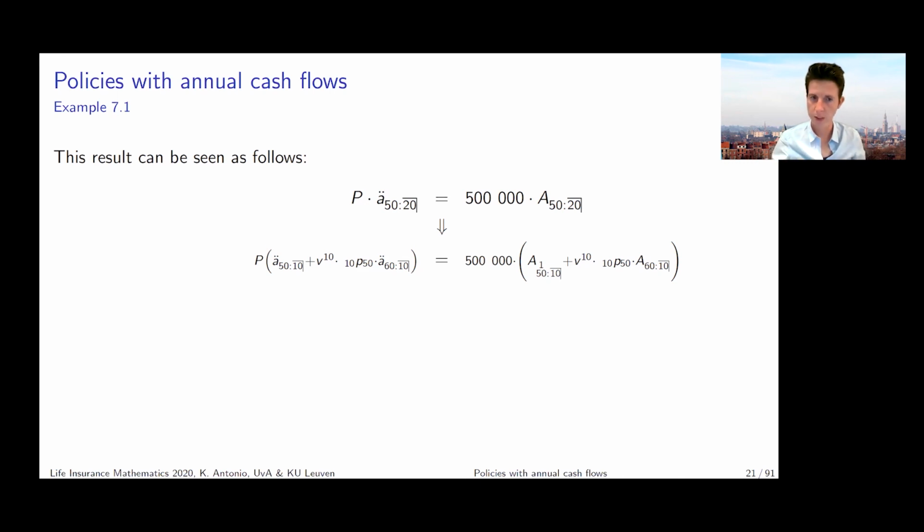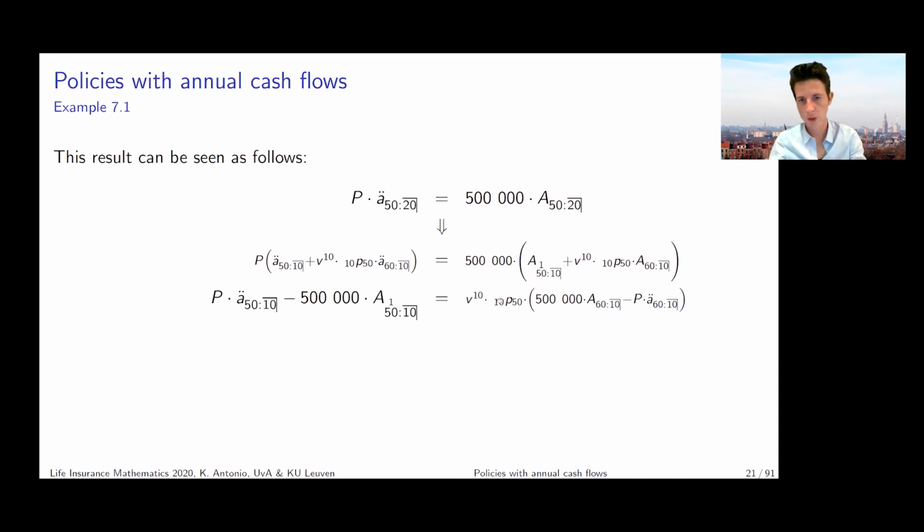So we do this splitting, we know that that is valid. And what we're going to do is bring together on the one side what is happening between age 50 and age 60. So there are the payments that I need to pay, and there is the term insurance that is valid between age 50 and age 60.